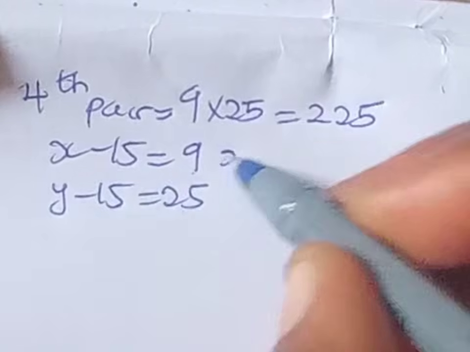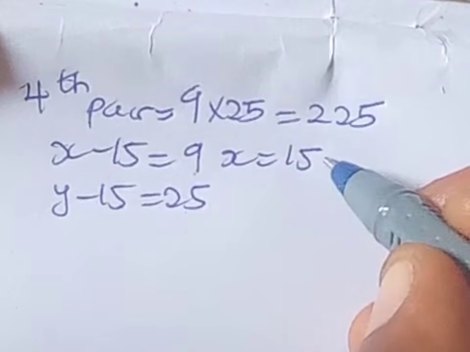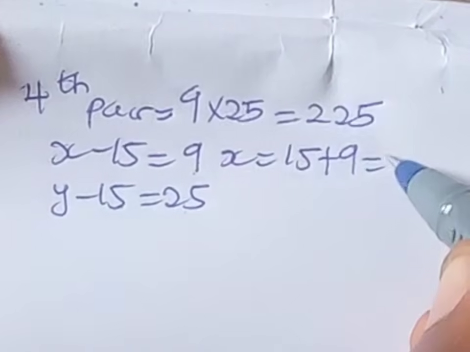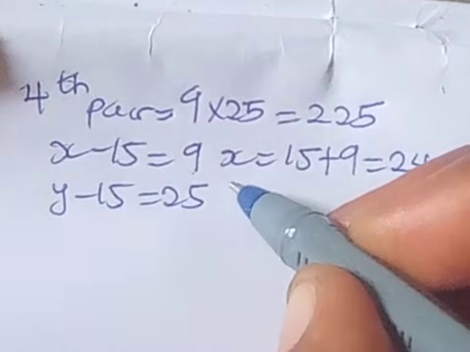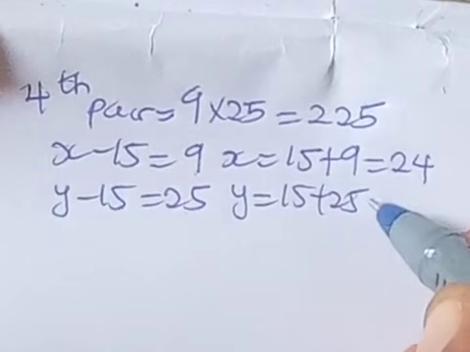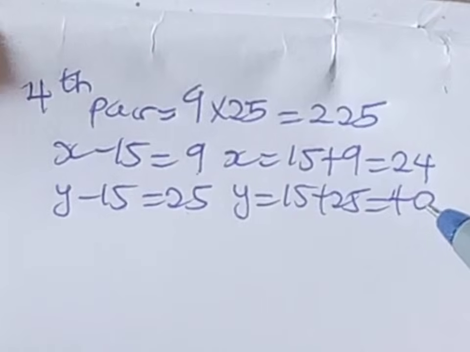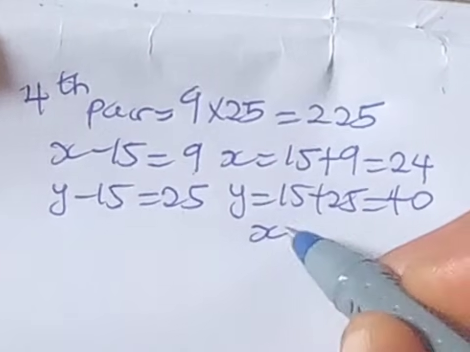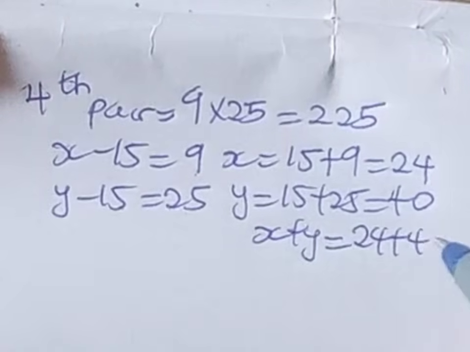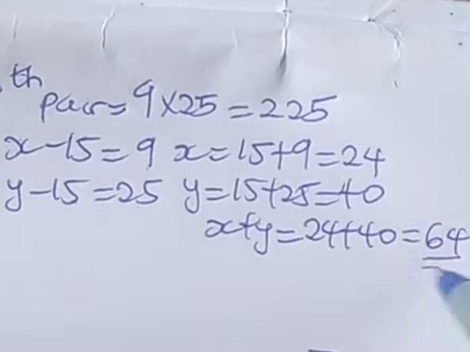So x equals 15 plus 9, which will give us 24, and y equals 15 plus 25, which will give us 40. So at the end of the day, x plus y equals 24 plus 40, which is equal to 64.